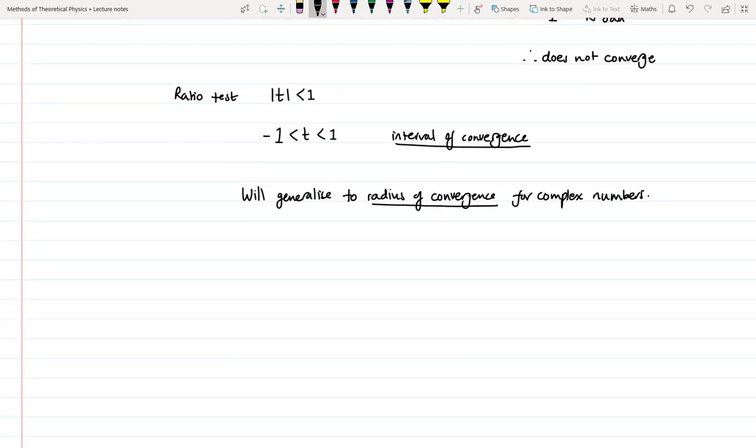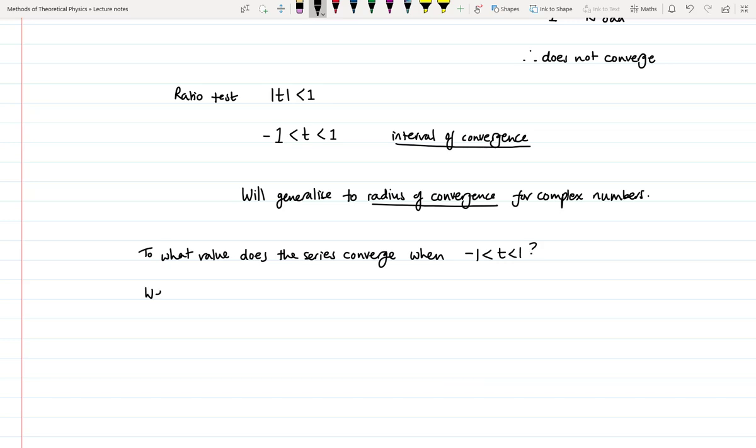The very last thing to discuss in this video is to what value does the geometric series converge when t lies between minus 1 and 1. So to what value does the series converge when t lies between minus 1 and 1?